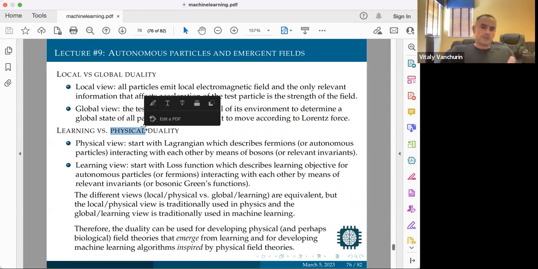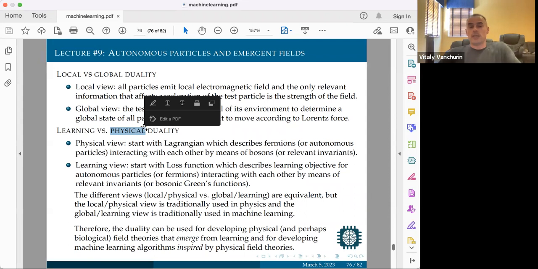Once you've identified the loss function describing the behavior of some physical or biological system, you can write it in a Lagrangian way, or you can do it the other way around. If you identify the right Lagrangian description, maybe you can add the right invariance to your self-driving cars, which are not there. We were not there.